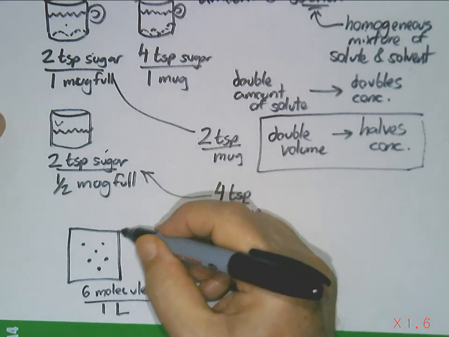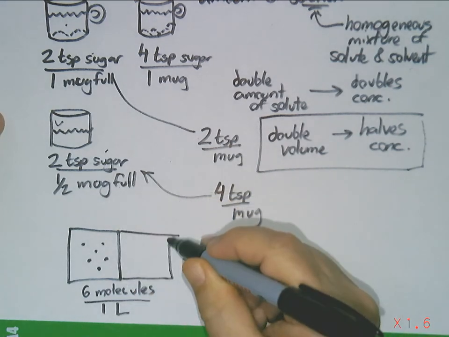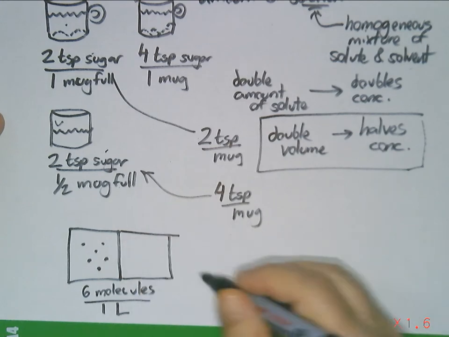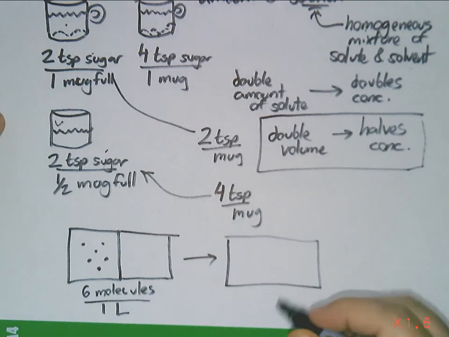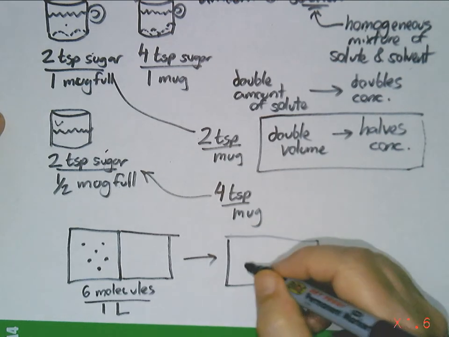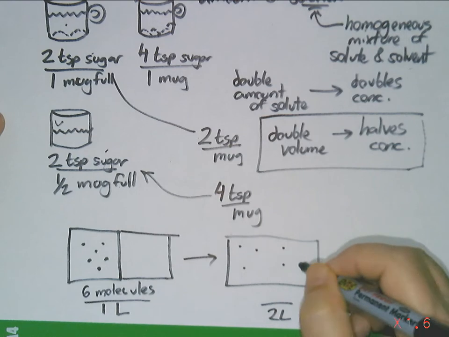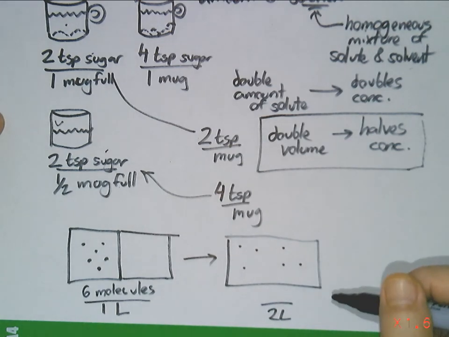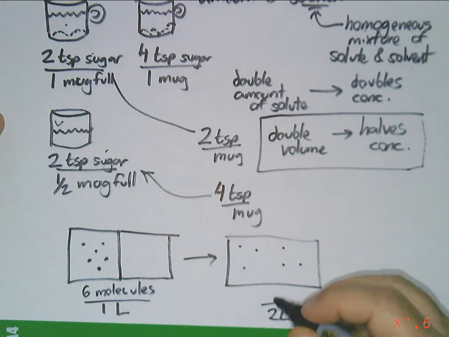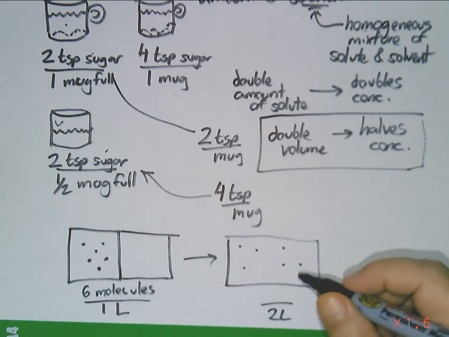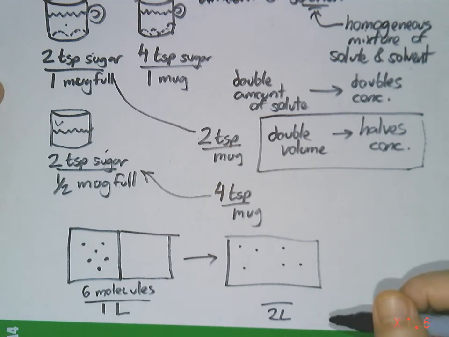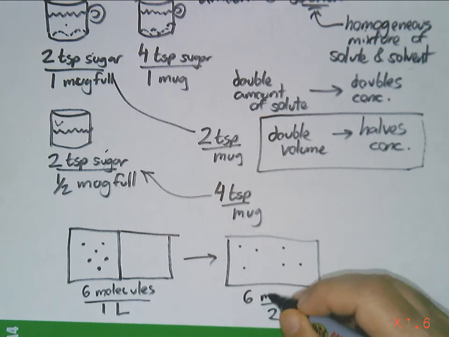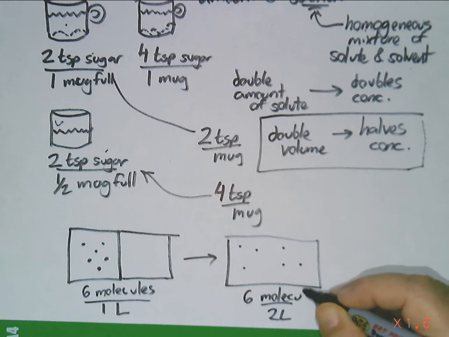Now suppose I put an identical box next to that, another liter, and I take this divider out. What happens? I now have a 2 liter box, and those 6 molecules will move around in there. They'll not all stay piled up in one place. Because molecules are in continuous motion, they will travel all over the inside of the container, into every space that's accessible to them. But you still have 6 molecules in there. We didn't take any molecules in and put them out.